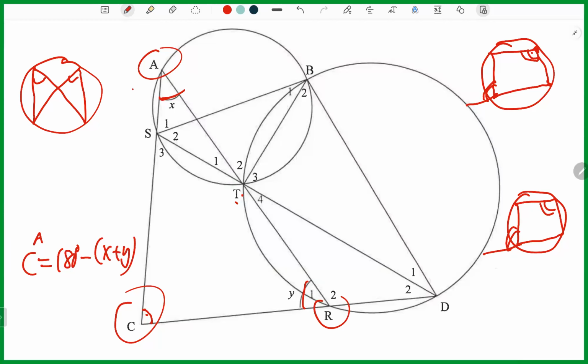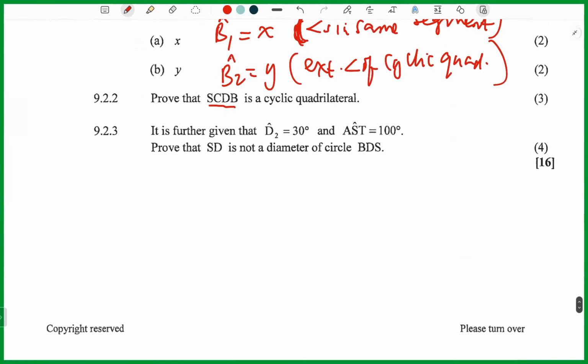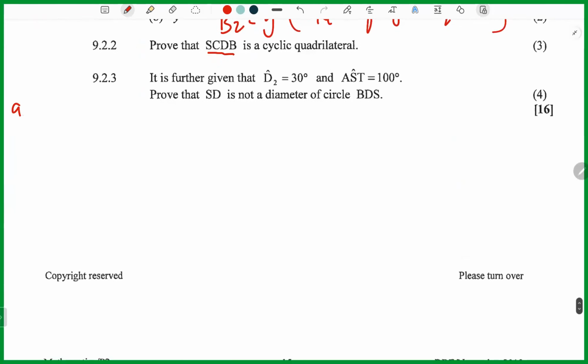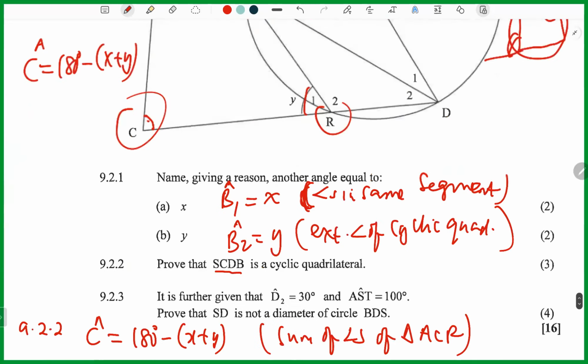So angle C is 180 degrees minus X plus Y. The reason for this is the sum of angles of triangle ACR.